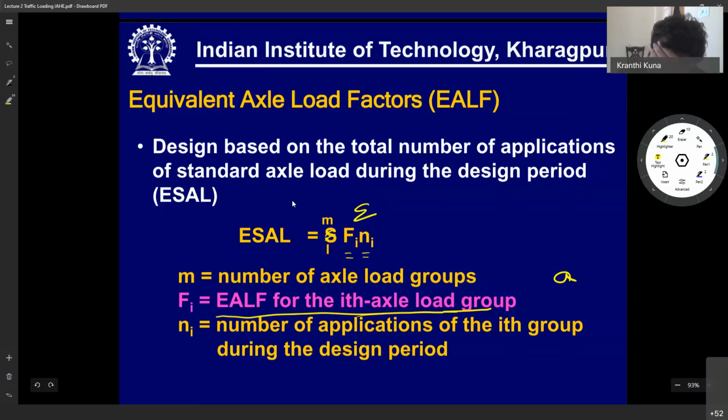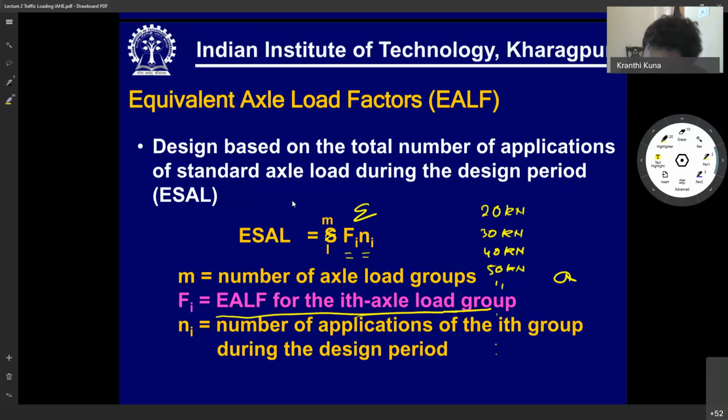We said we have a number of axle load groups, like say a 10 kilonewton axle group. Obviously we will not have 10, because we want to take commercial vehicles only. So you have 20 kilonewton, 30 kilonewton, 40 kilonewton, 50 kilonewton, and so on.